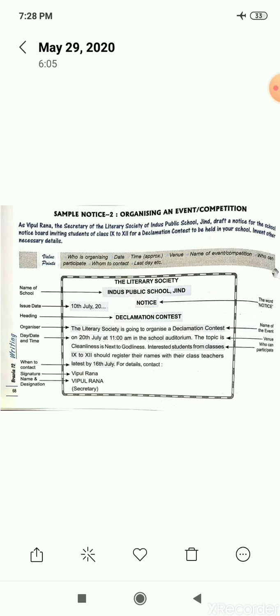So all these things take time. So that's why you must mention that the students should register their name by a particular deadline, by a particular date. You can also write, for further details, contact Vipul Rana, right? Name, above that signatures, designation secretary, right? So I hope that's very much clear to all of you, right?